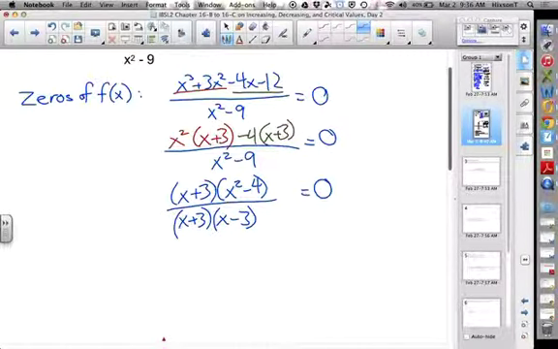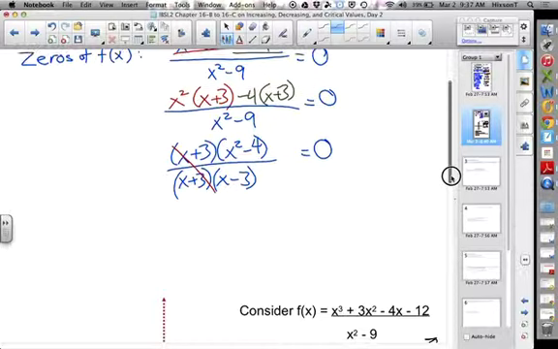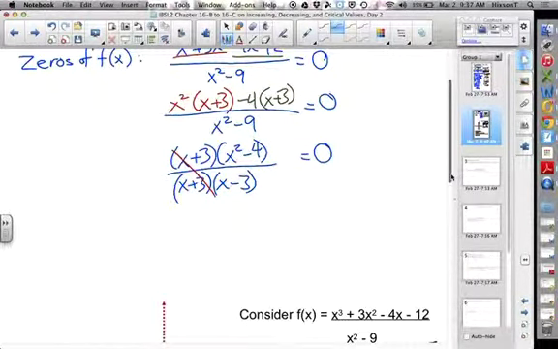Okay? At this point, we can figure out what 3 and negative 3 give us in our graph, and we can also state what our zeros are. Okay? Notice here, this cancels out. So what do I know about x equals negative 3? It gives us a hole. Alright?